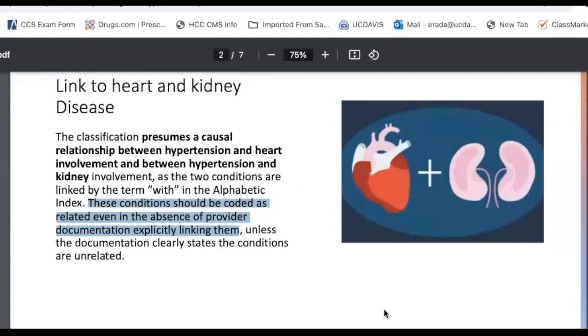Even if there is no documentation that the doctor is linking these conditions with each other, you have to assume that they are associated.